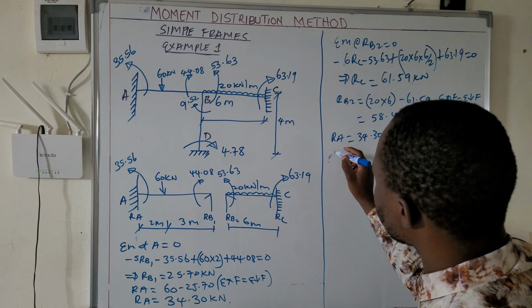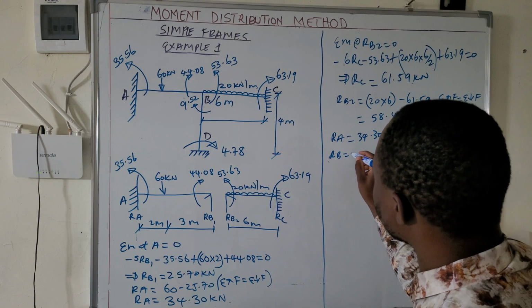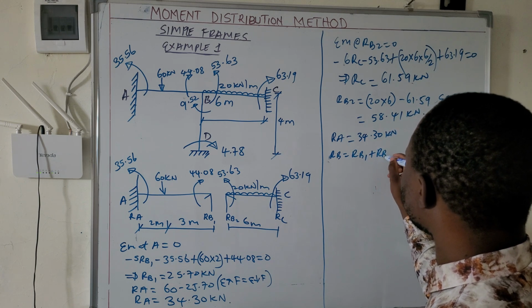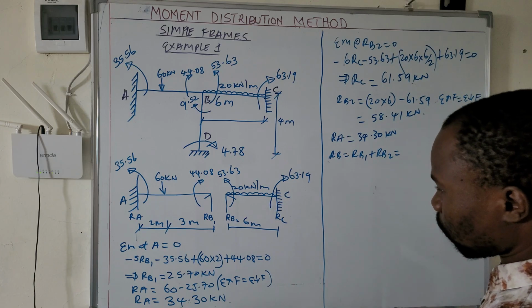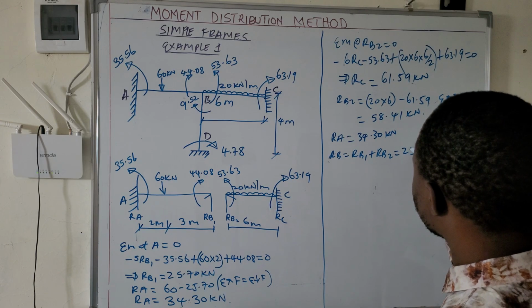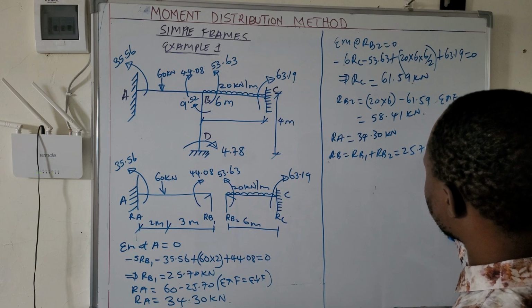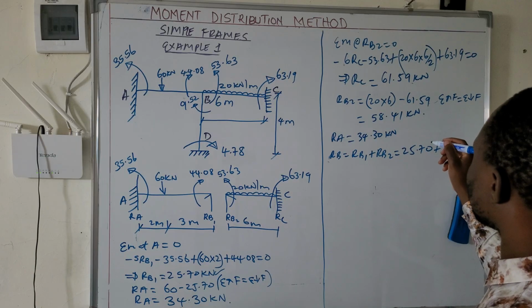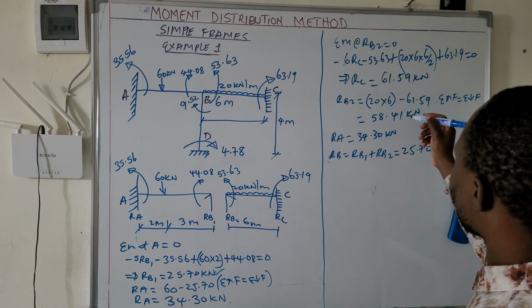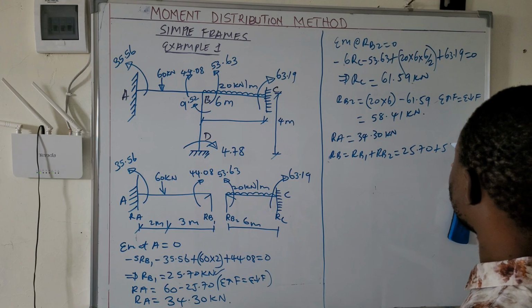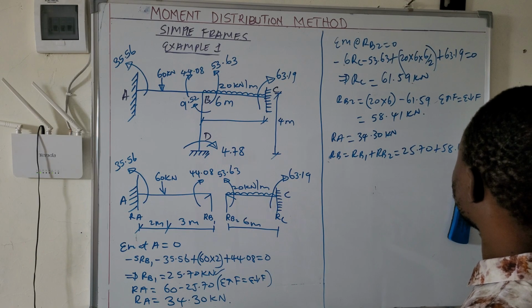RB equals RB1 plus RB2. RB1 is 25.70 plus RB2. RB2 is 58.41.